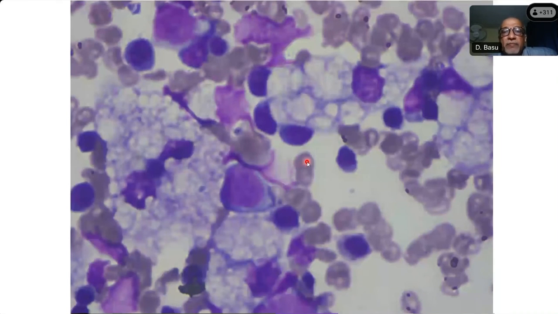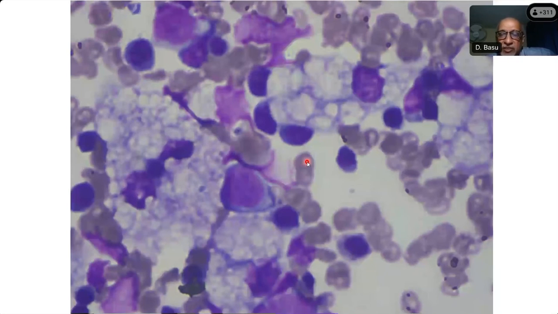Sir, my first diagnosis would be a storage disorder, which could be Niemann-Pick or Gaucher's disease. So a lysosomal storage disease. Just quickly tell me, what is the deficiency in Niemann-Pick?